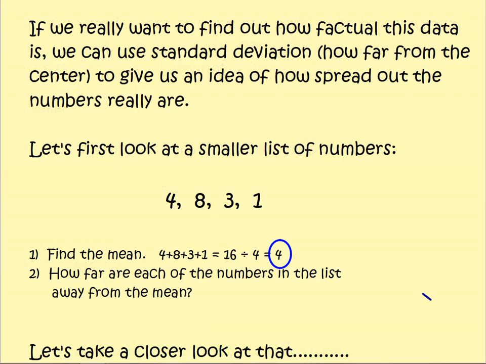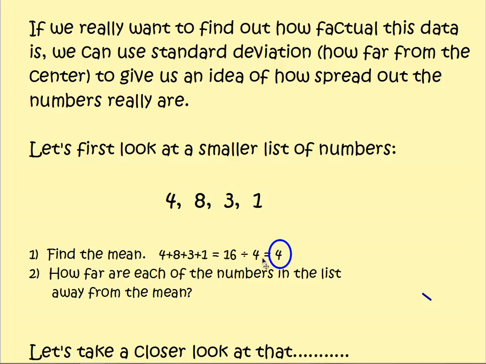So if we really want to find out how factual data is, we use standard deviation to give us an idea of how far spread out the data is, right? How spread out my numbers really are. So to learn how to do standard deviation, we're going to start with a list of only 4 numbers. When you find standard deviation, the first thing you want to do is find the mean.